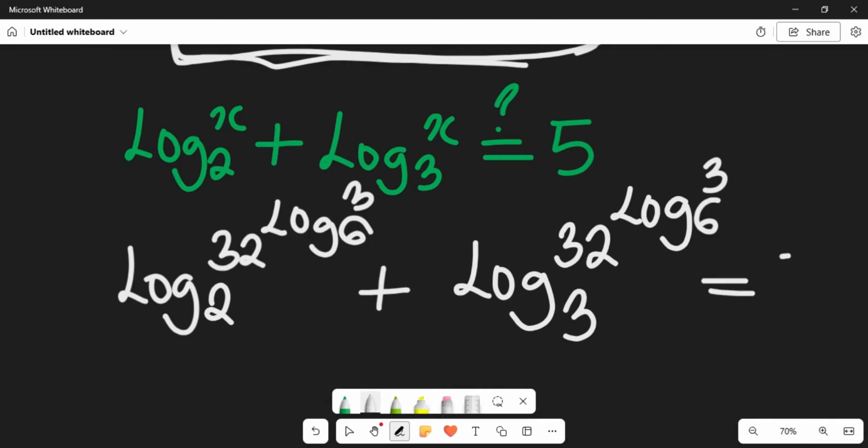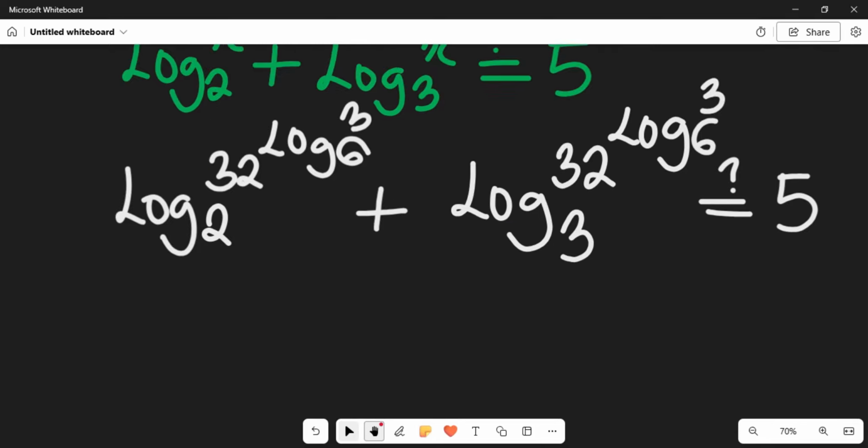Will this be equal to 5? That's the expression. Now let's try that out.